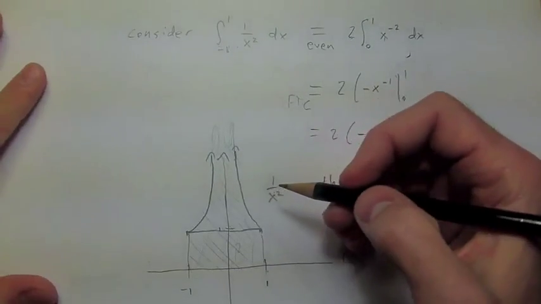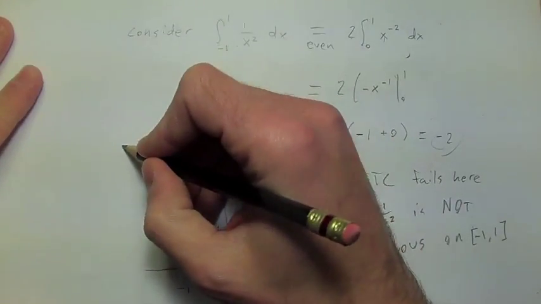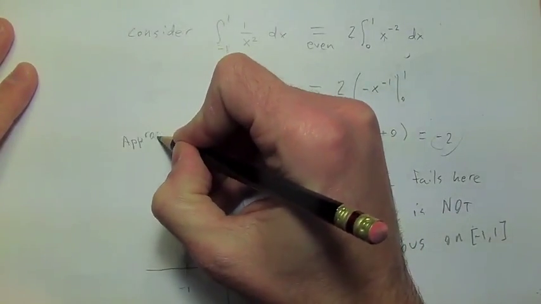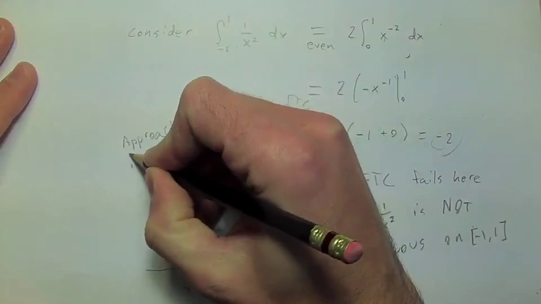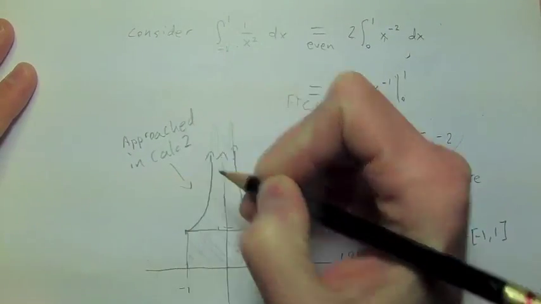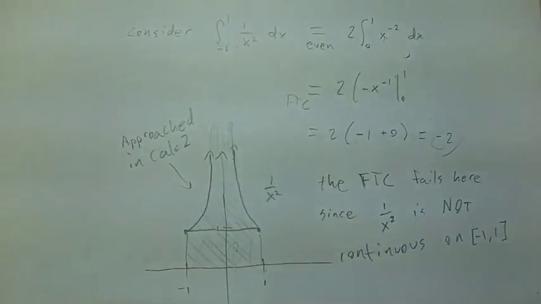All right, so we approach this, or studied, in Cal 2. Okay, but it's essentially you split it up, you use limits, and what you know about limits. You could probably figure it out if you're resourceful on your own.